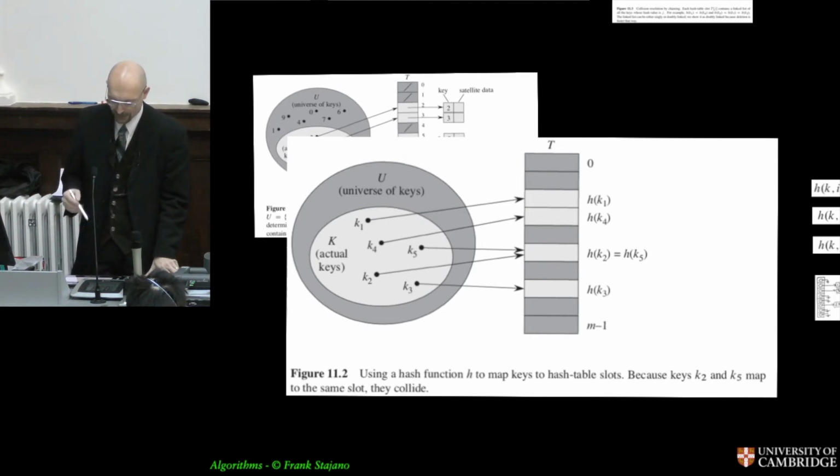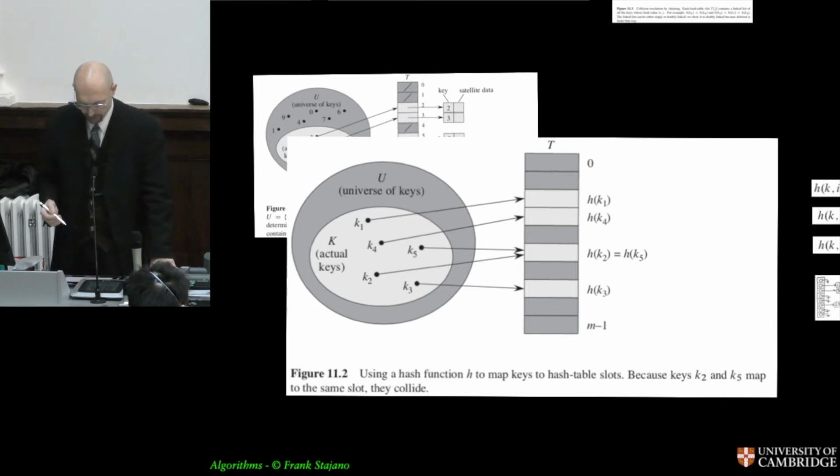And so I expect that if I have dimensioned this table to be a bit larger than the number of keys that I want to put in, then it will be an infrequent occurrence for me to have a chain that is longer than one element. But it may still happen, and so I have to cater for that case.